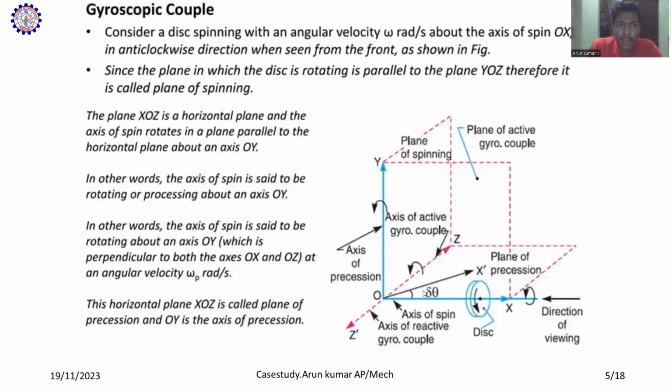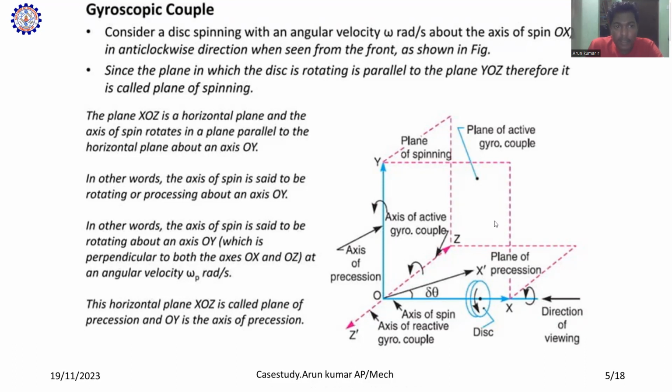So what is the meaning of gyroscopic couple? Consider a disk spinning with an angular velocity of omega, in SI units radian per second, about the axis of OX in an anticlockwise direction when seen from the front view as shown in the figure. Since the plane in which the disk is rotating is parallel to the plane YOZ, it is called the plane of spinning.